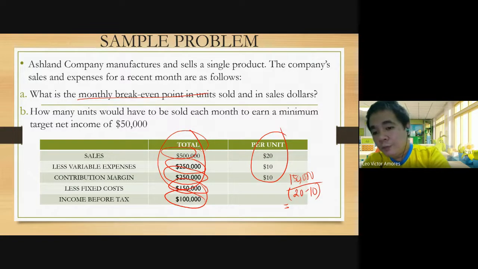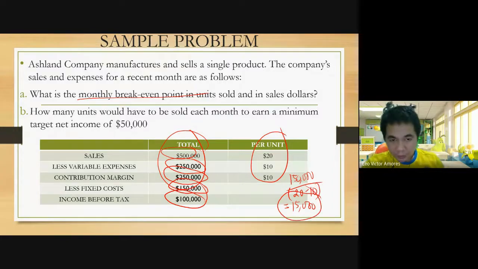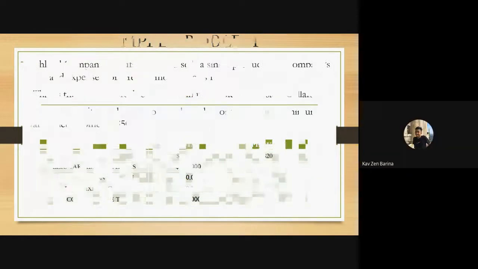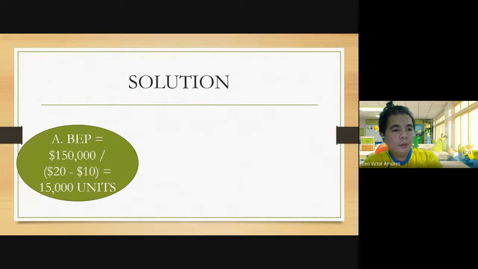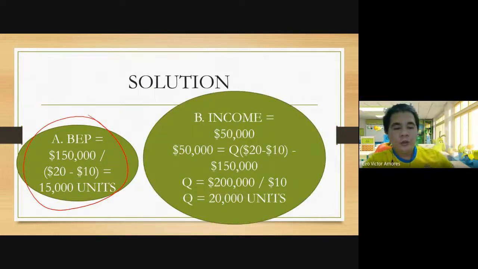You have a break-even point of 15,000 units. Okay? Yes or no? Yes, sir. So, your answer is this. Your letter B is this one.